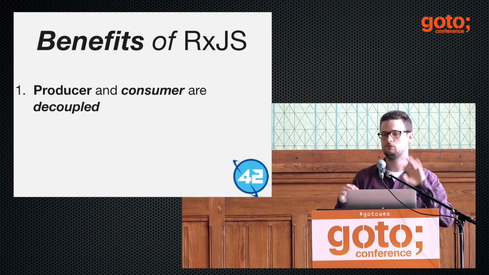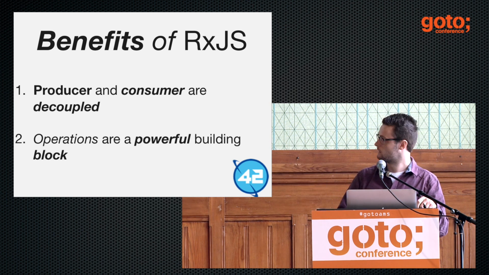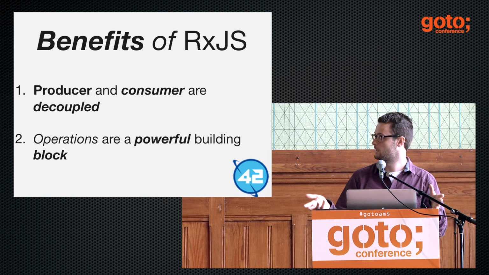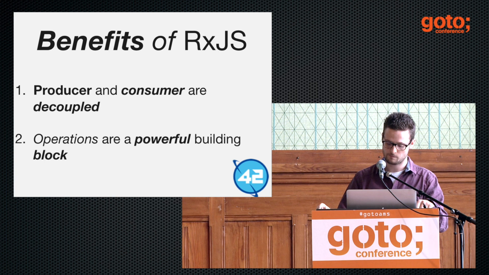We did not have to change the consumer or the producer. We didn't have to change that code. So that's very powerful. And of course, the other benefit, which I already explained a little, is that operations are a very, very powerful building block. You can combine them in multiple interesting ways, again like Lego blocks, and you can get really powerful results.